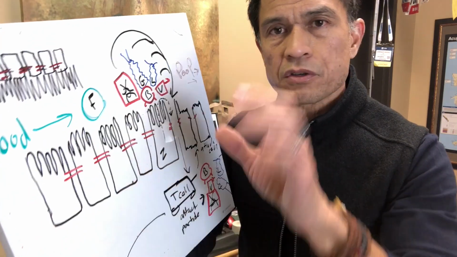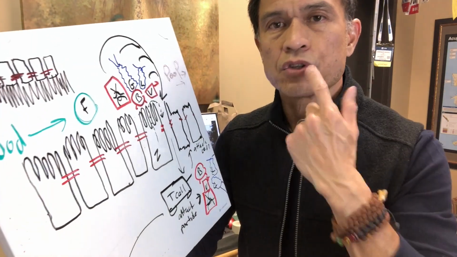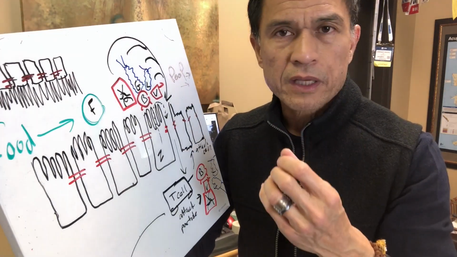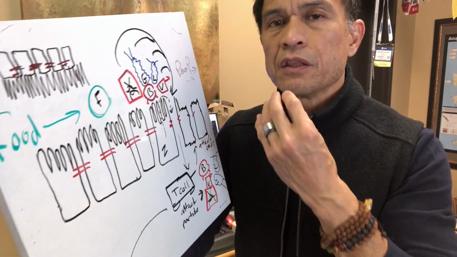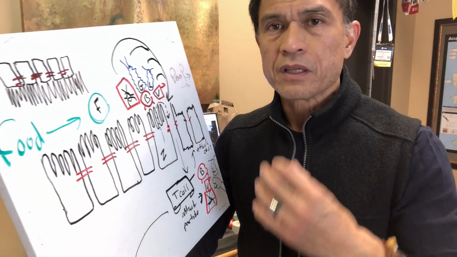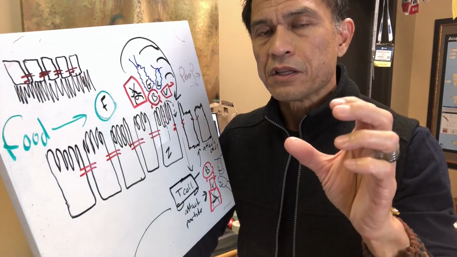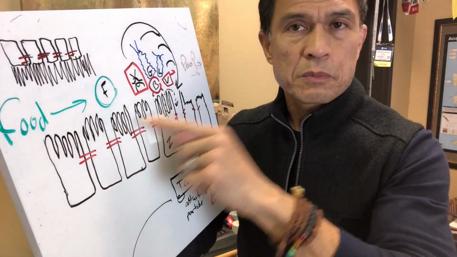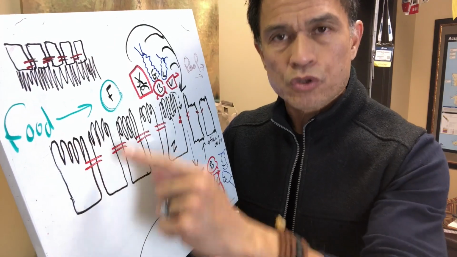Those are the building blocks you get from your food after you digest it properly. So you chew your food, you combine it with amylase, you break it down a little bit, and then you get your food into your stomach, and the stomach further turns a solid into a liquid so that the small intestine can absorb the cool stuff.